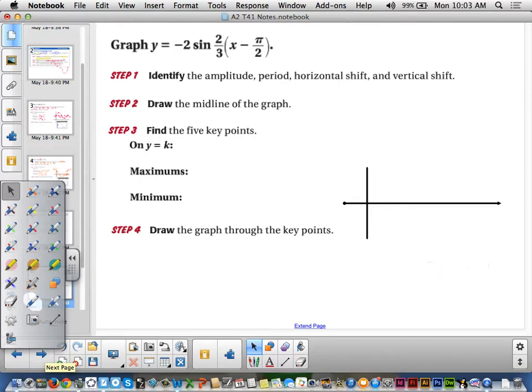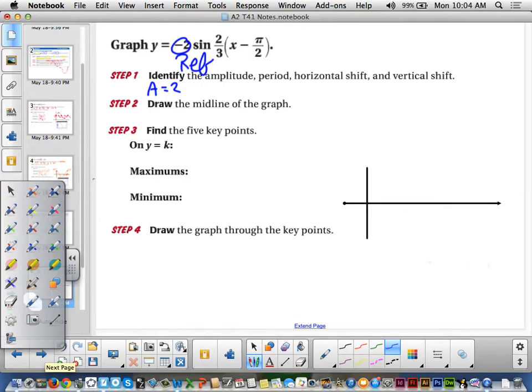All right, so graph y equals negative 2 sine 2/3 times x minus pi over 2. So same thing, we're going to identify our amplitude. Amplitude is 2, there's a reflection. The period is 2 pi over 2/3.